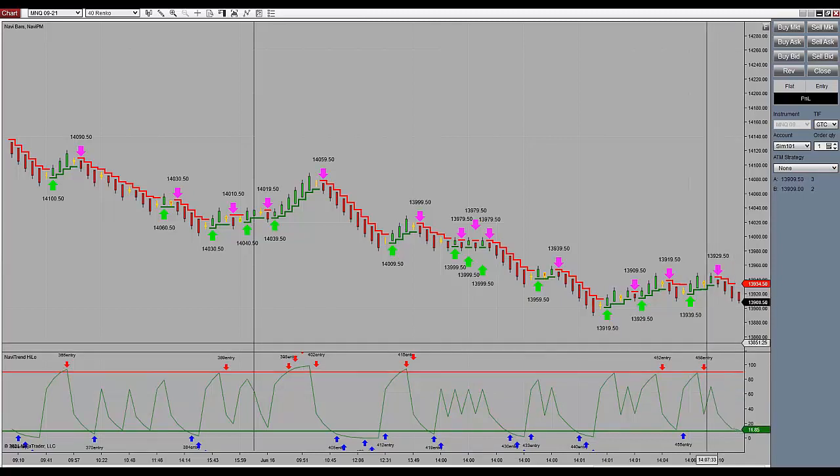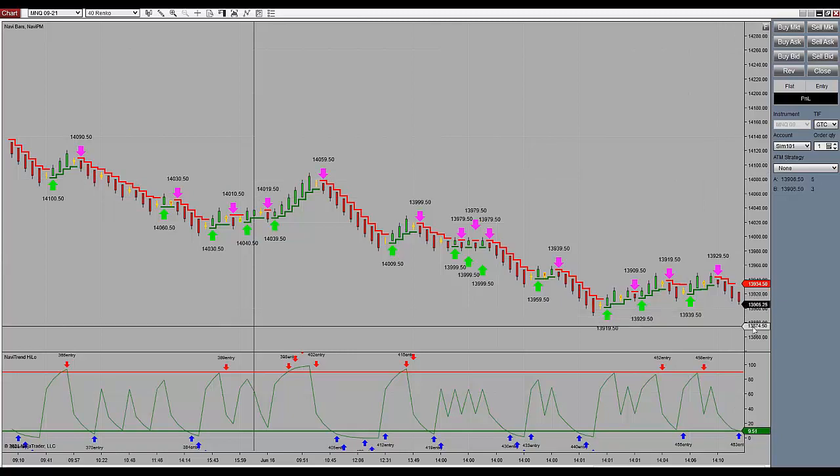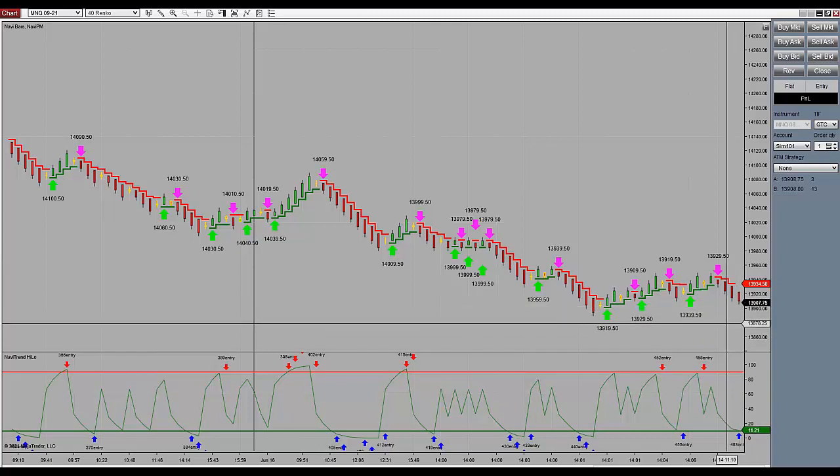All right, so the chart you're looking at is the Nasdaq, the MNQ futures contract. You can see the bars are red right now, so we're moving down on these last 4 bars. As long as the bars are red, we're moving down.